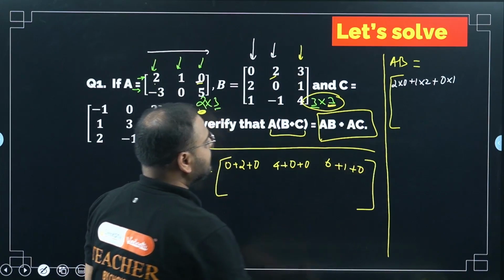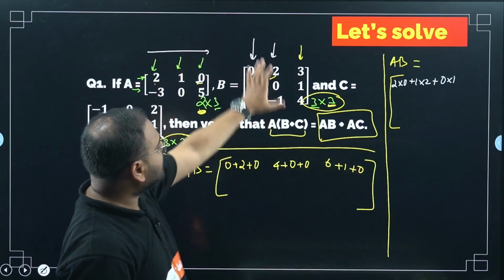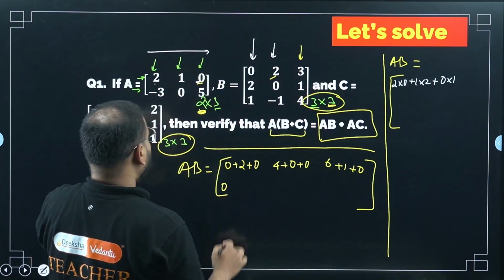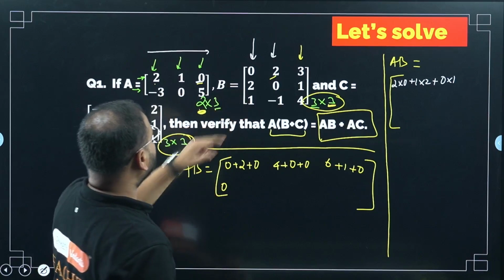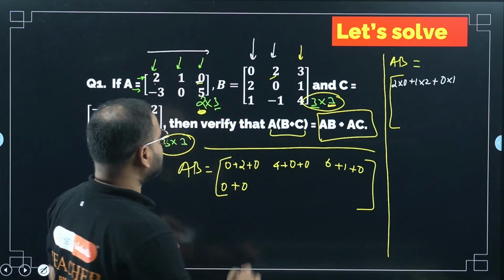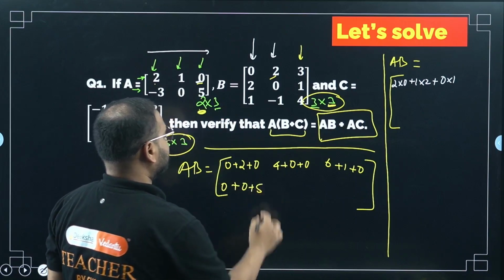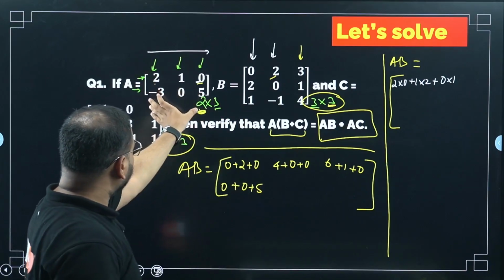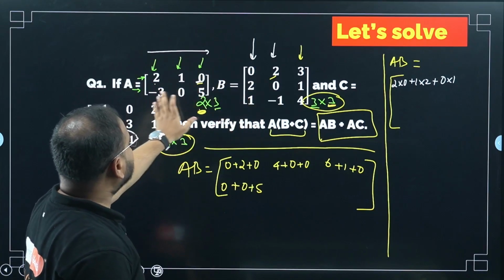Same way we have to do the second row for all 3 columns. So second row with the first column: minus 3 times 0 is 0. 0 times 2 is 0, sir. 5 times 1 is just 5, sir. Okay. What about my second row with the second column? So minus 3 times 2.